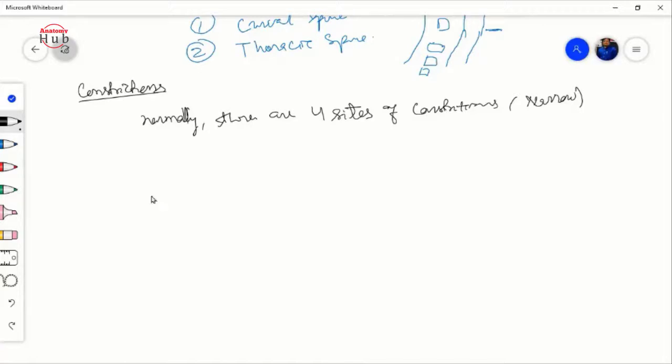So the distance of each constriction will be measured from the upper incisor teeth. Incisor teeth is the landmark. This is your landmark to measure the length, or the distance, of the constrictions, right?